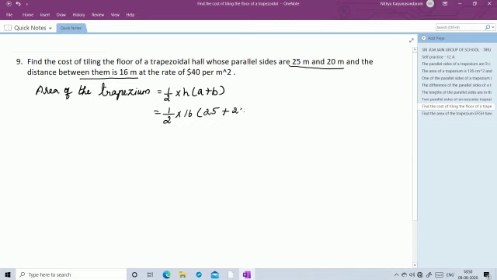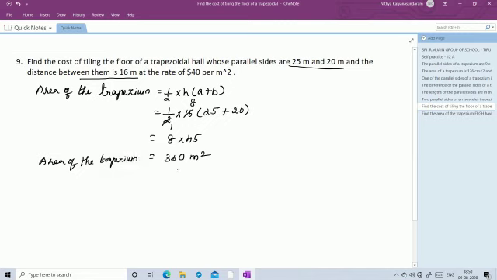So 25 plus 20 is 45. 2 eights are 16, so 8 into 45. 8 fives are 40, 0, then 4. 8 fours are 32, then 36. 360 meter square. So area of trapezium is equal to 360 meter square.